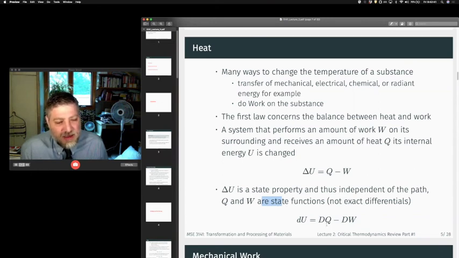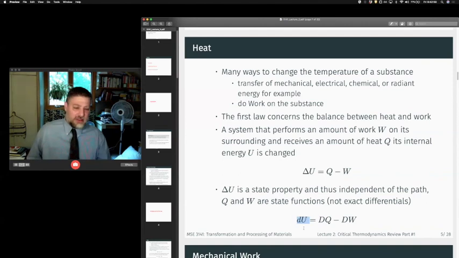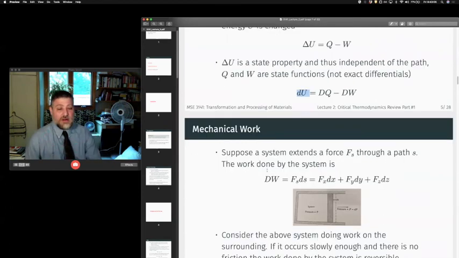So the heat, so Q and W depend on the path they take, right? And so that's how we indicate it in the mathematics. Little d means exact differential, capital D means not, right? So state variables get a little d, non-state variables get a big D, right?